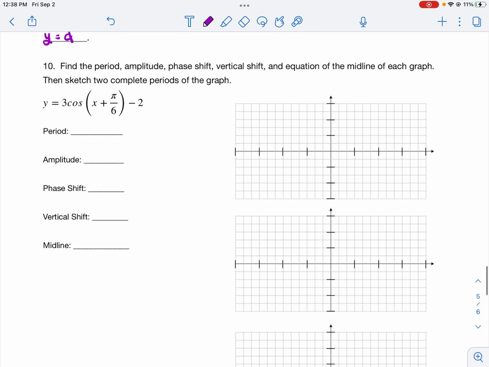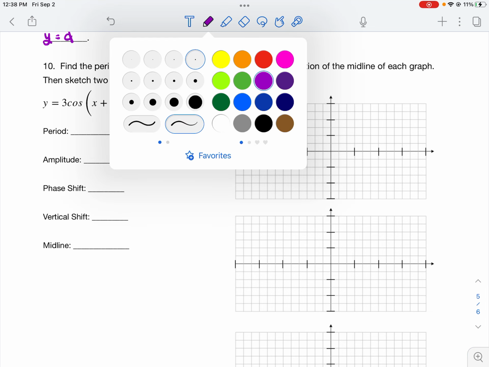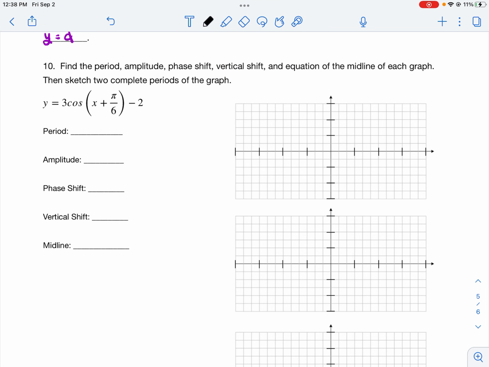All right, so let's try this one. I'm looking at this as the cosine graph, so I'm going to do my parent function.